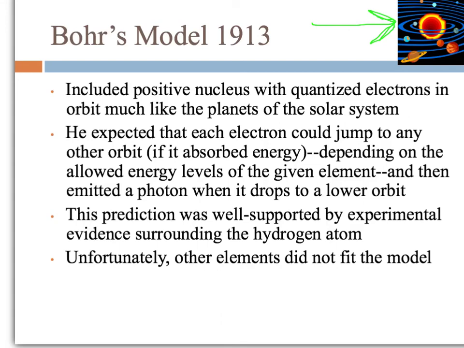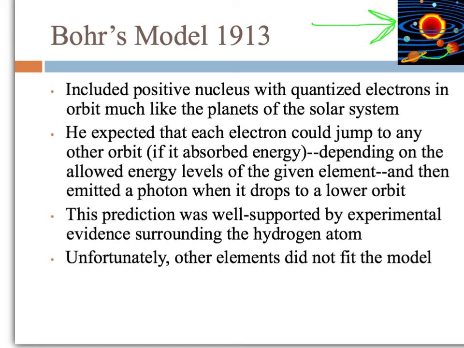He predicted that electrons could jump from path to path, so they could, say, go from where Saturn is to the next level in here, depending on the amount of energy that the electron absorbed and depending on which orbits were available to that particular electron.